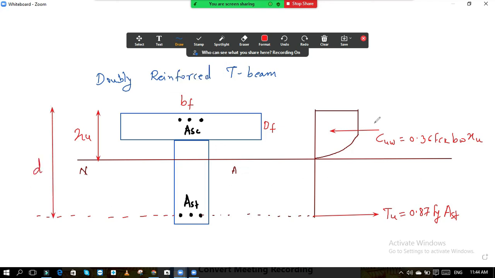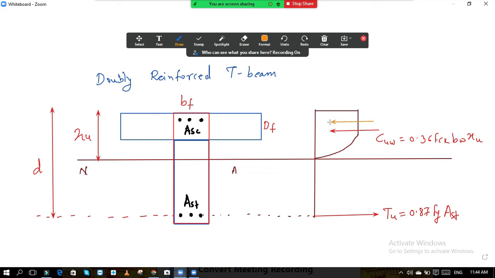So now this is CUW as we have already studied. This is for the web. I have already told you that this section will behave as a single section. So here CUW, then for the flange, this remaining portion of the flange, compressive stress will be there, and it will act somewhere at the center of this Df.